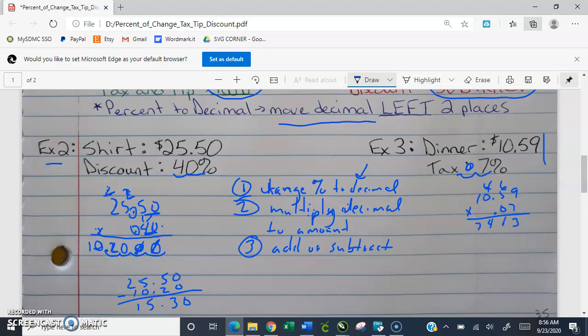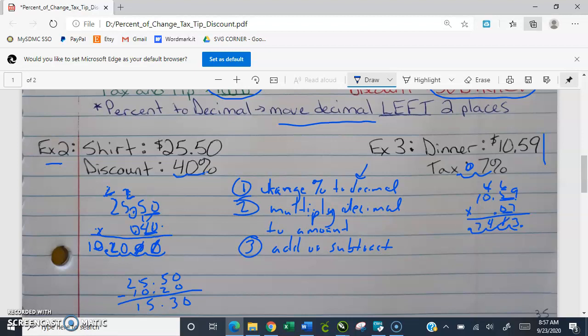Now we have, again, 4 numbers behind the decimal. So we have to move our decimal, which is originally here, 4 spots over. So we get 1, 2, 3, 4. Remember, we only use the tens and the hundreds when we're talking about money.